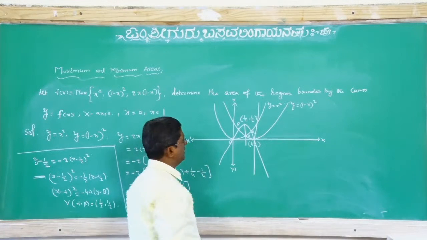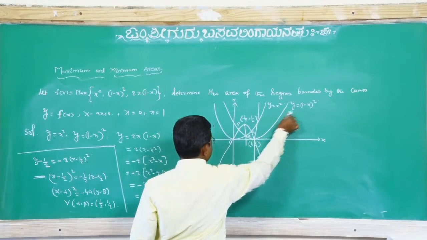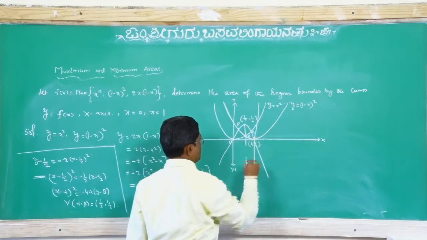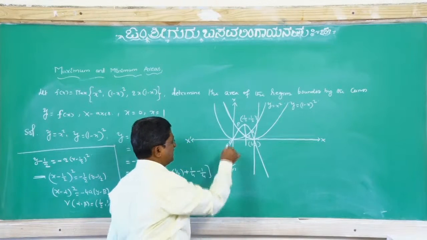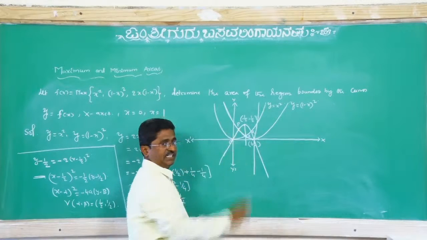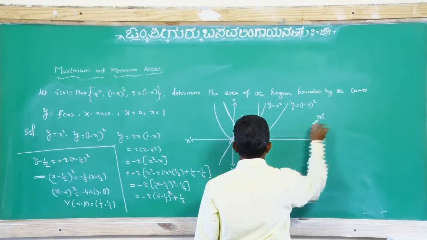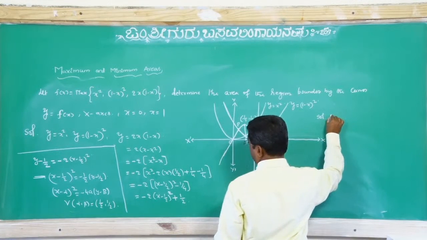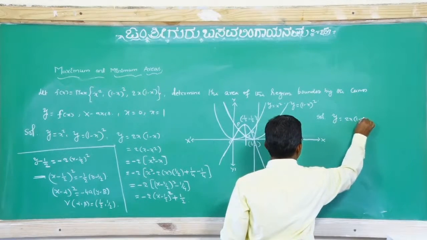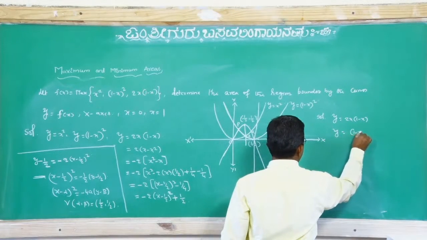How to determine? First of all, solving the curves. This curve is y is equal to (1 minus x) whole square, and this line, solving, we get this point of intersection. So now I write here, solving the curves: this downward parabola y is equal to 2x into (1 minus x) and y is equal to (1 minus x) whole square.